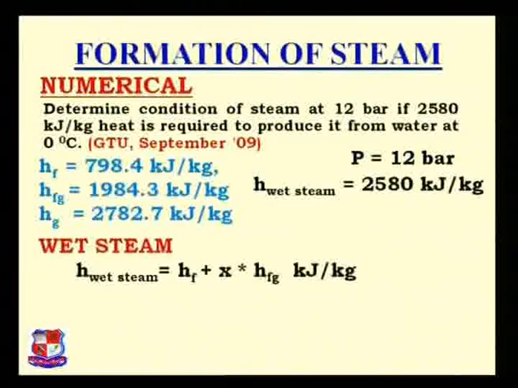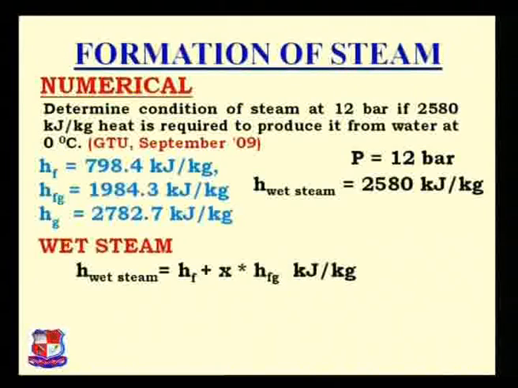As the given condition of steam is wet, the enthalpy of wet steam is equal to hf plus x multiplied by hfg. The h of wet steam value is given in the numerical, that is 2580 kilojoule per kg. The hf value we can get from the steam table, which is 798.4 kilojoule per kg, and hfg, which is equal to 1984.3 kilojoule per kg.